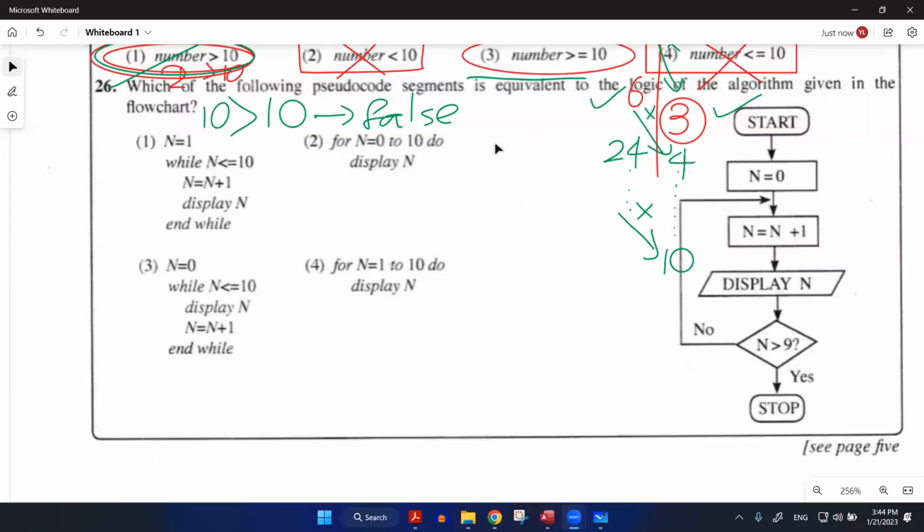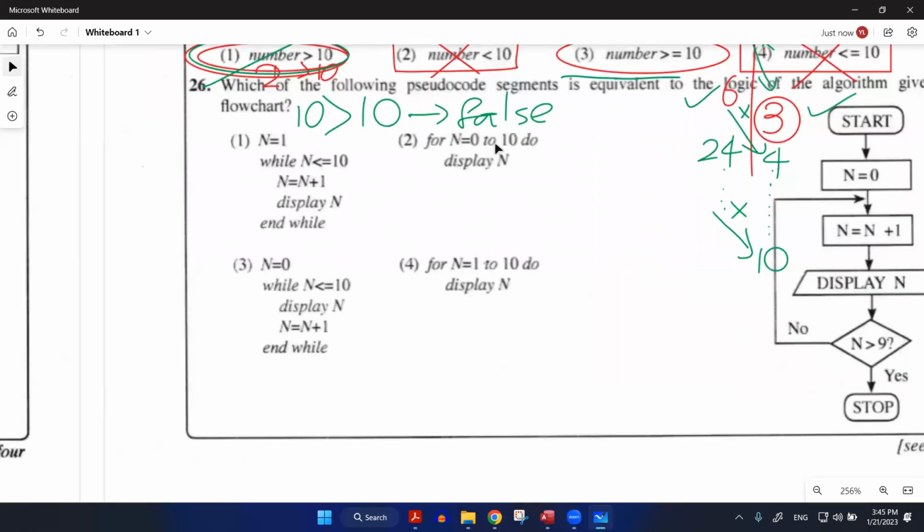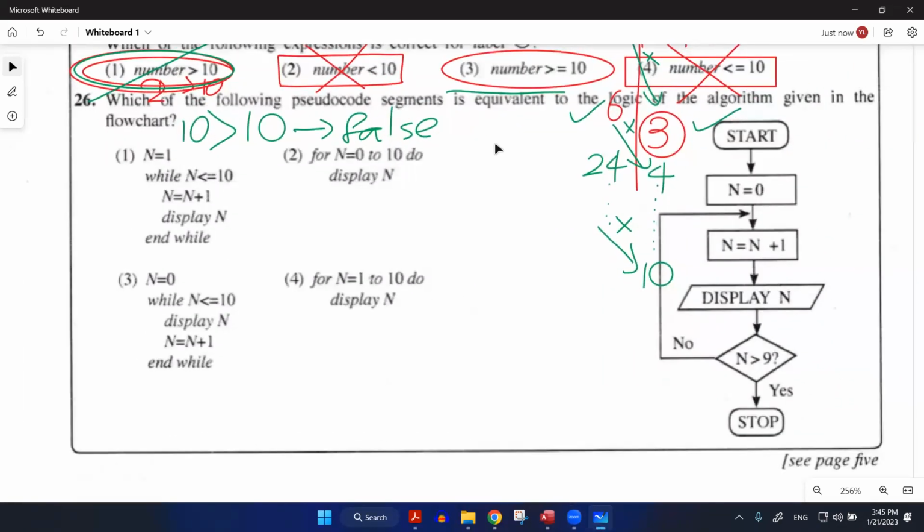If it is not, that means when n is less than 9, it's going to iterate, right? So we can't say the first one is incorrect just by seeing this n equals 0 in the flowchart and n equals 1 in the pseudocode.